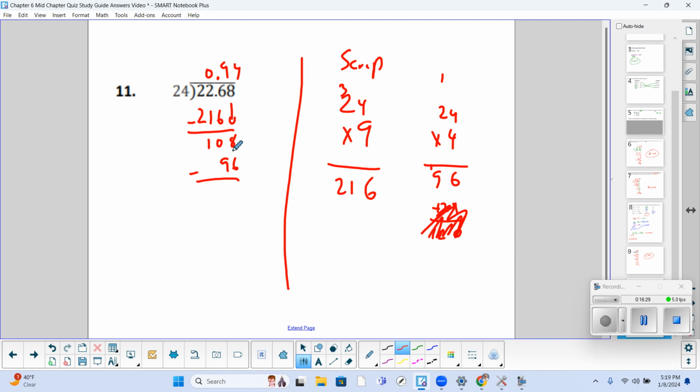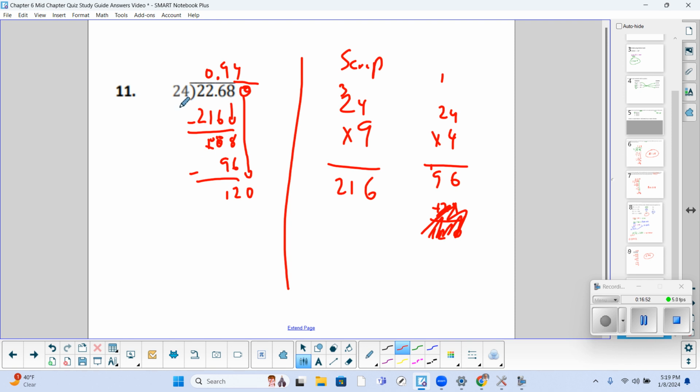So 8 minus 6 is 2, and this is 0. This becomes 10 if you prefer to do it this way. 10 minus 9 is 1. So I have 12 remaining. We're going to continue. There's another 0 out there, since we can put zeros forever at the end of 22.68.